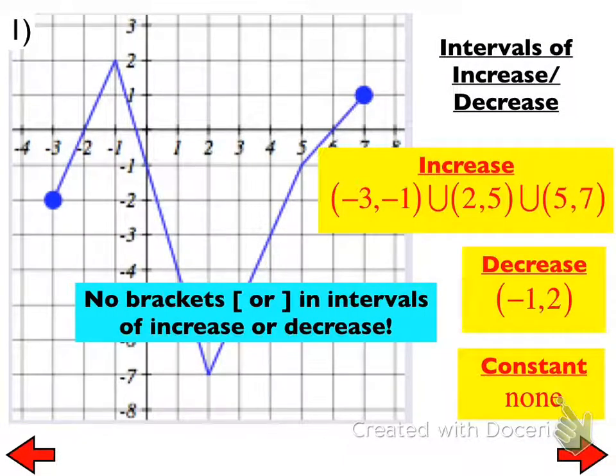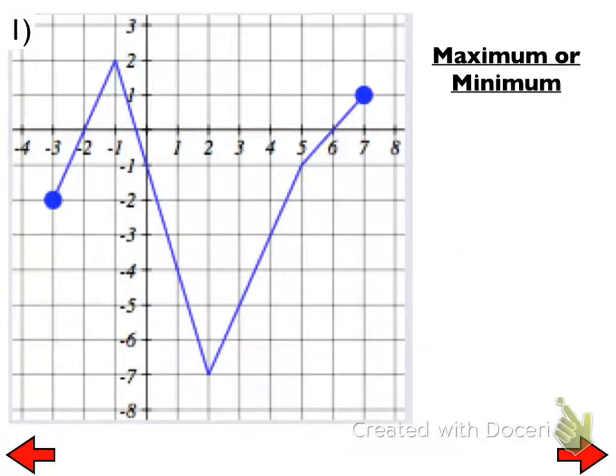All right, now a new idea, which is actually very simple. That's the idea of maximum and minimum. Maximum, and listen very carefully, it's the highest point on the graph. The highest point on the graph.